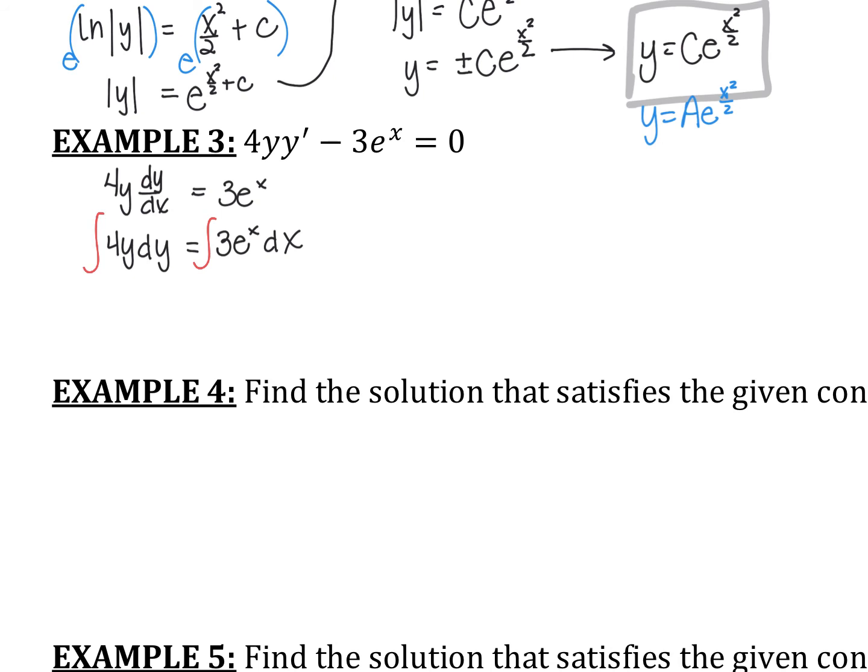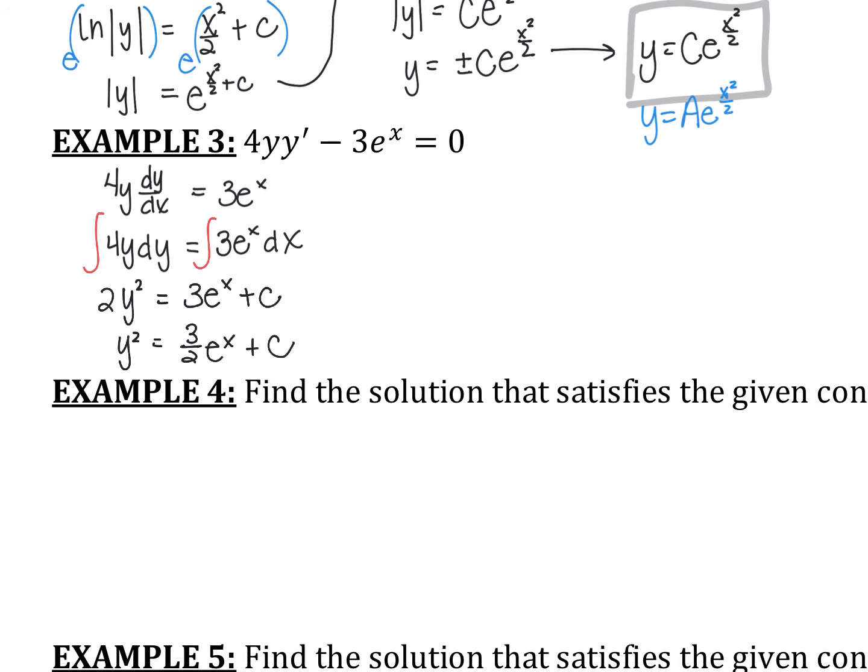I would go up a degree, divide by that degree, which would make this 2. Y squared equals favorite integral ever, plus c. Okay, now, not fantastic at this point if we're trying to solve for y, although we're going to come back to this because it is possible this is one of your answers.